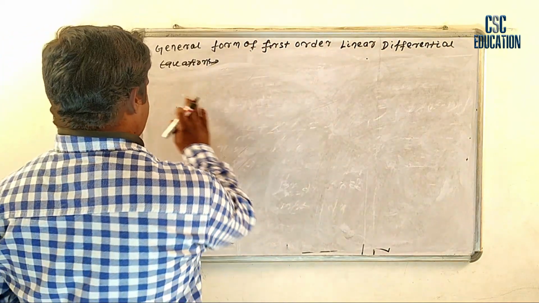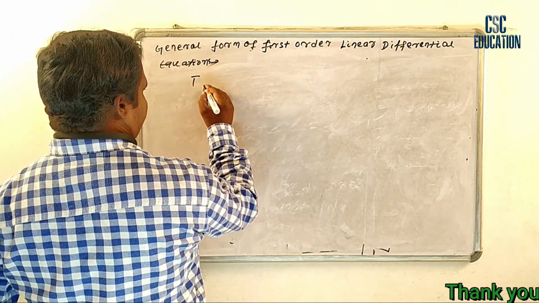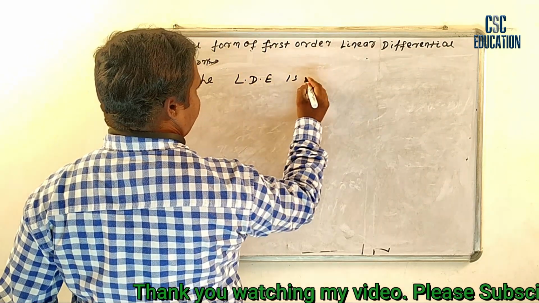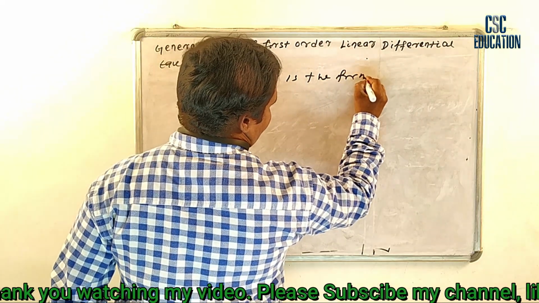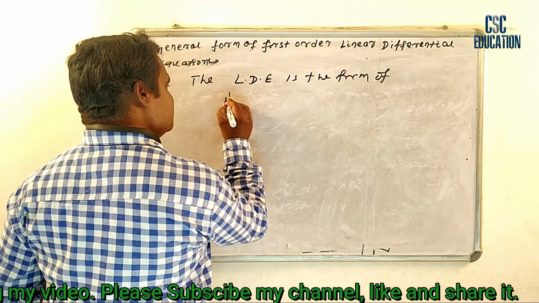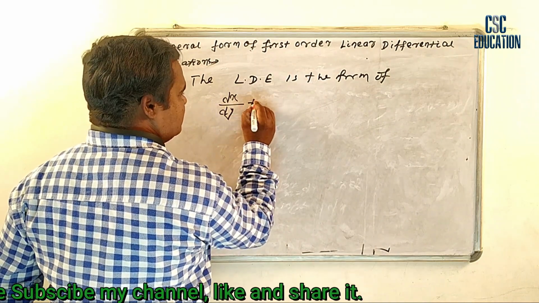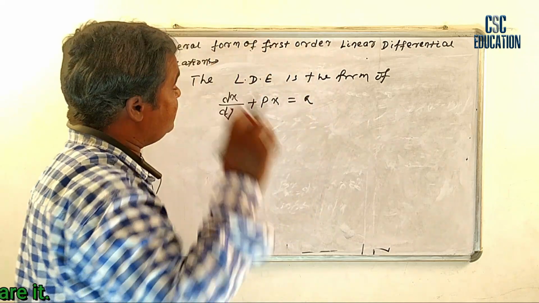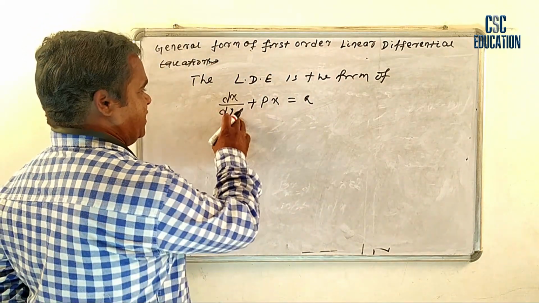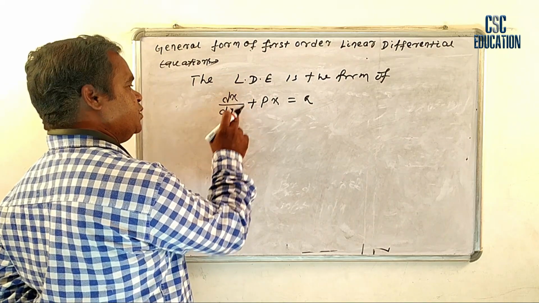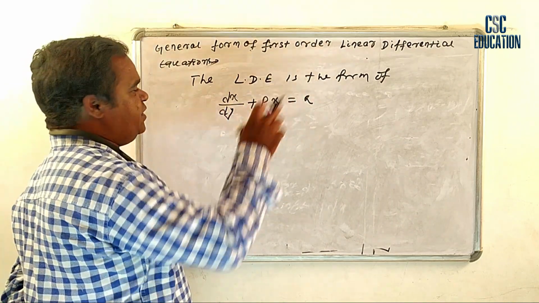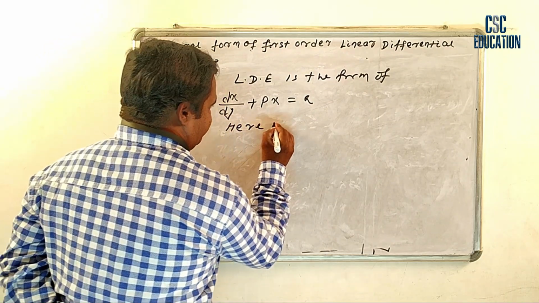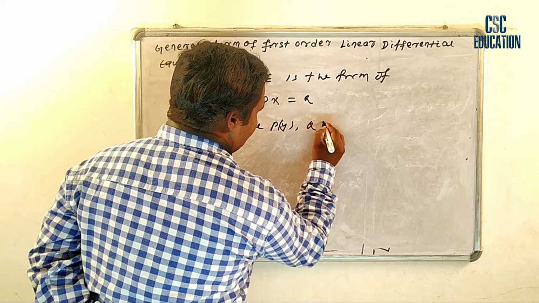Another part: suppose the general first order linear differential equation is of the form dx by dy plus P of x equals Q. Here the derivative is with respect to y instead of x, so P is a function of y and Q is a function of y.